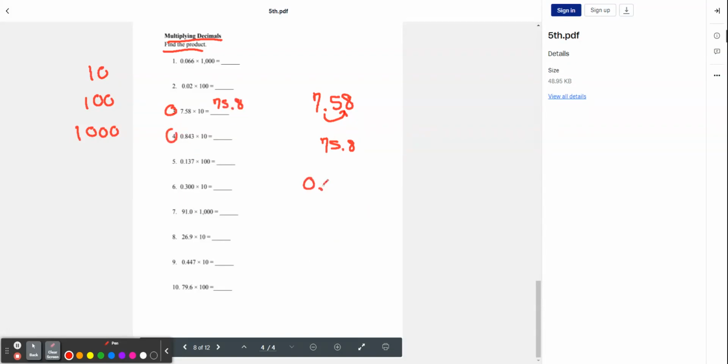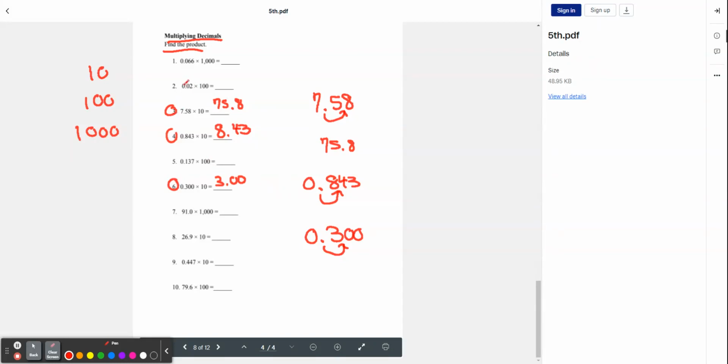Just like number 3, we're multiplying this decimal by 10. So we're going to move the decimal point to the right once. And what we get is 8.43. 6, 0.300. Remember, when we're multiplying the decimal by 10, we're going to move the decimal point to the right once. So we get 3.00.